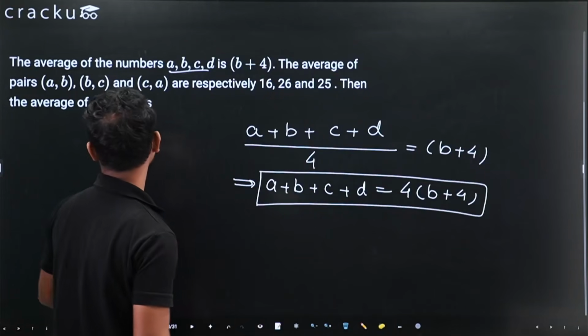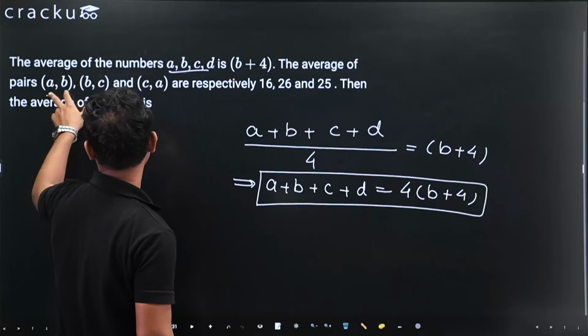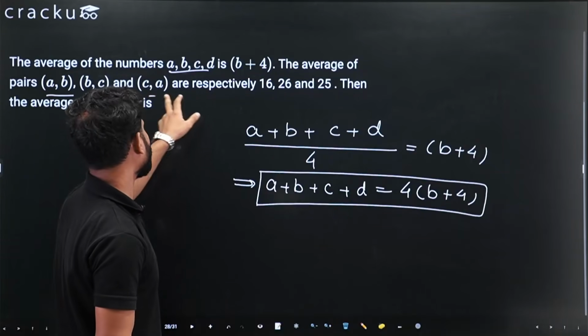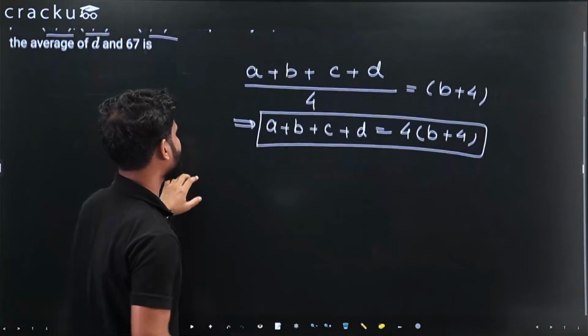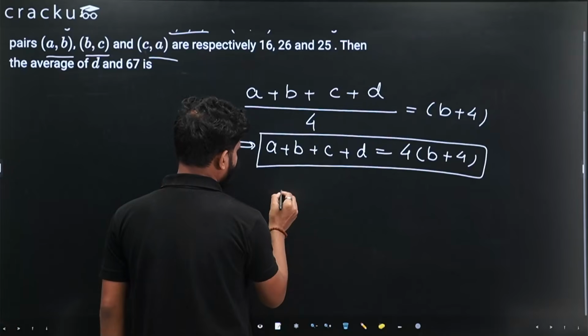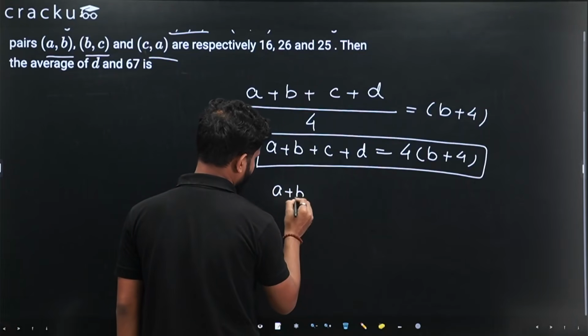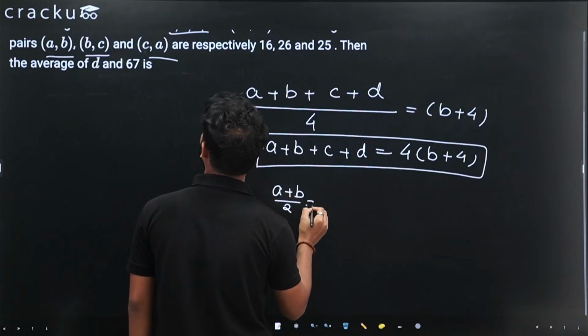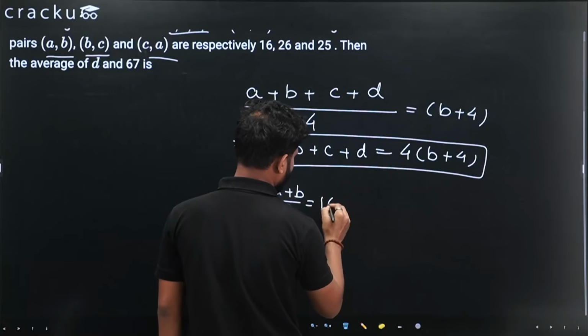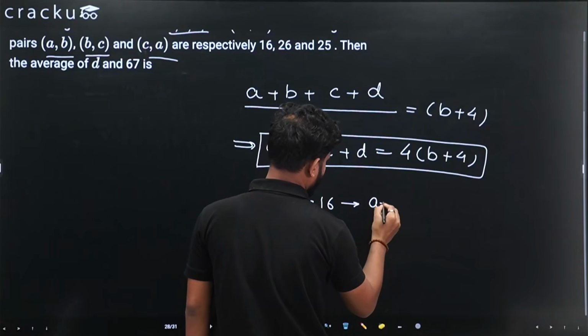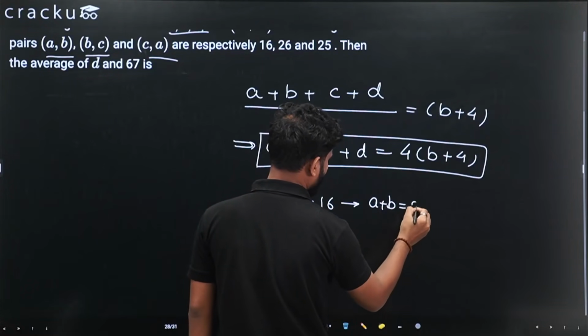Now what more is given? The average of pairs A, B; B, C; and C, A are 16, 26, 25. So A plus B divided by 2 is given as 16. From here I can say A plus B is 16 into 2, 32.